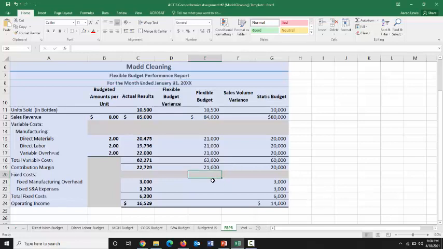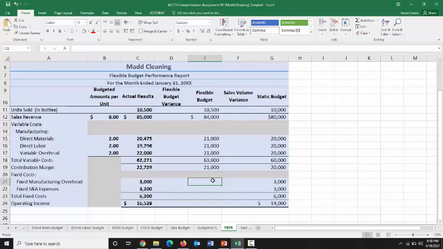What about our fixed costs? Well, what the flex budget column does is it adjusts the amount that you should have brought in or should have paid based upon the level of production and ultimately sales that your company did. Well, for fixed costs, the change in the level of sales that we did shouldn't have mattered. They're fixed.